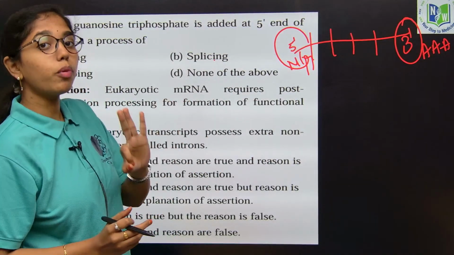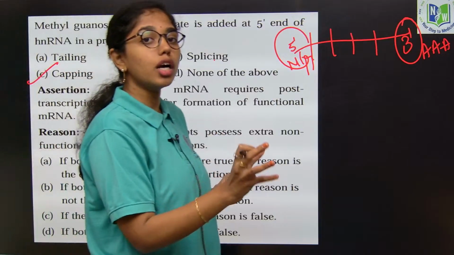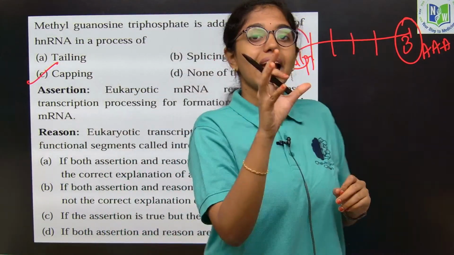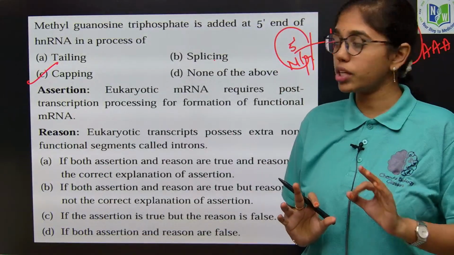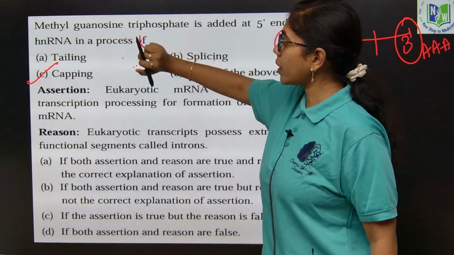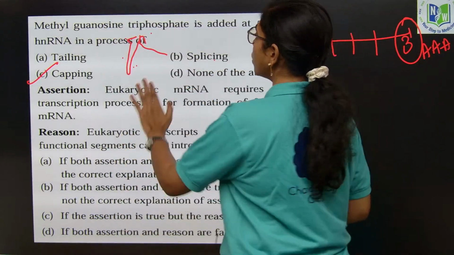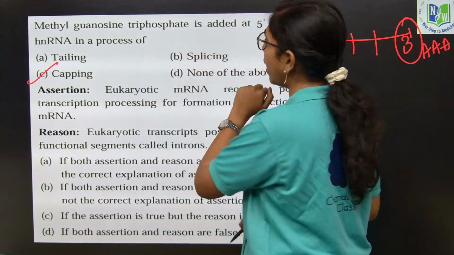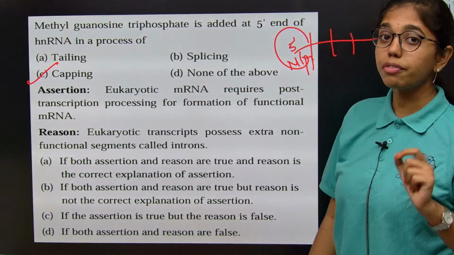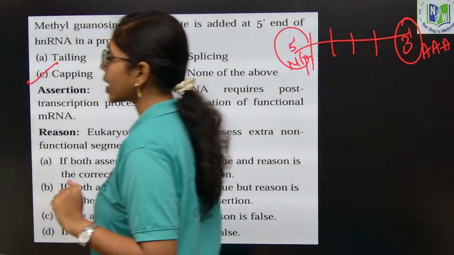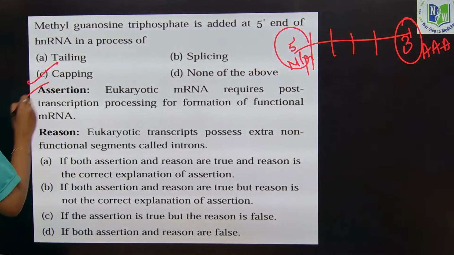These three are post-transcriptional events which occur only in eukaryotic cells inside the nucleus. Remember the location, that is very important. So with respect to this question, methyl guanosine triphosphate added at 5' end, this process is called 5' capping.